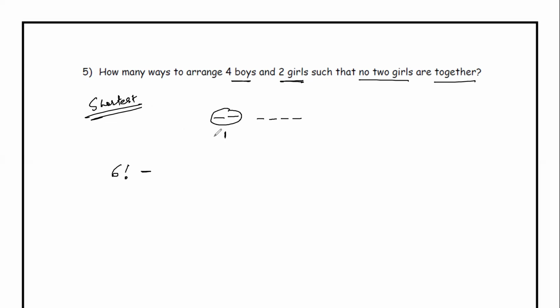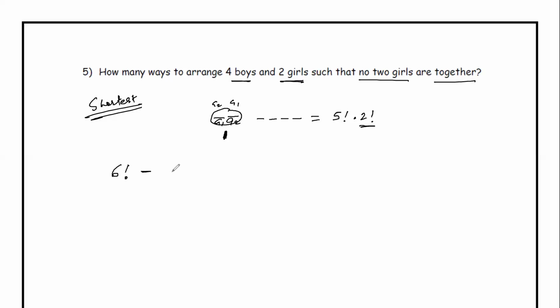However, when we put a restriction that the 2 girls should be together, then there is 1 dash here and 4 dashes here, so 5 factorial ways to arrange the 6 people so that the 2 girls are always together. And remember, these 2 girls, girl 1 and girl 2, can be interchanged among themselves, meaning girl 2 can come here and girl 1 can come here. So therefore, you'll have to multiply by 2 factorial.